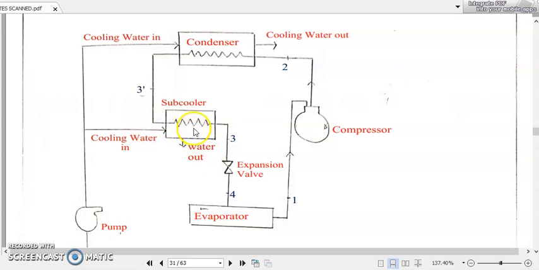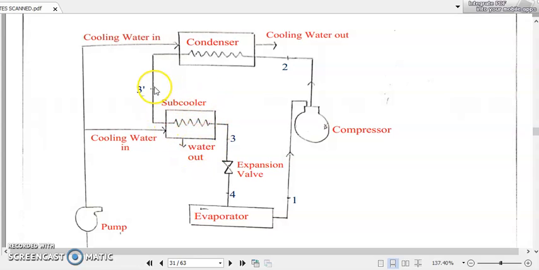The subcooler is an additional fitting compared to our standard VCRS, so that is why an intermediate step, that is 3', is coming here. Normally 2 means the inlet of the condenser, and in the standard VCRS point 3 will be the outlet of the condenser, but between the condenser and the inlet of the expansion valve, we are keeping an additional subcooler here.